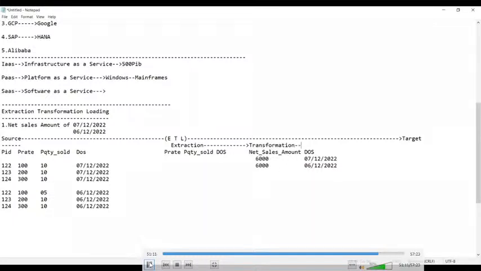And once the transformation is done, finally what we do, guys? We load the data into the target system.